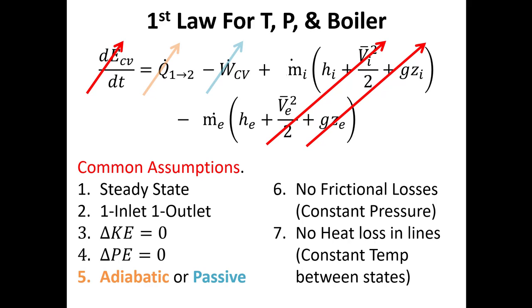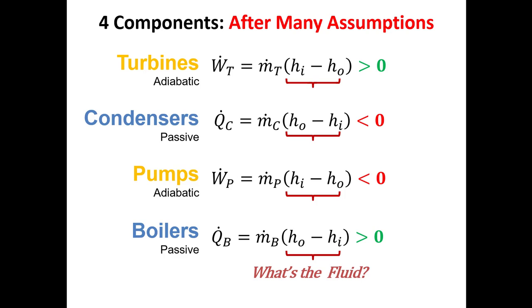We're still going to use a first law analysis on all of these different components. And when we do that, we're going to get the same equations that we did last time when we worked on just a typical, or sort of 4-component, Rankine system, right? So for turbines, we're going to have m dot times h in minus h out. We'll do the same thing for pumps, and we'll let the first law tell us if we're consuming power or if we're generating power.